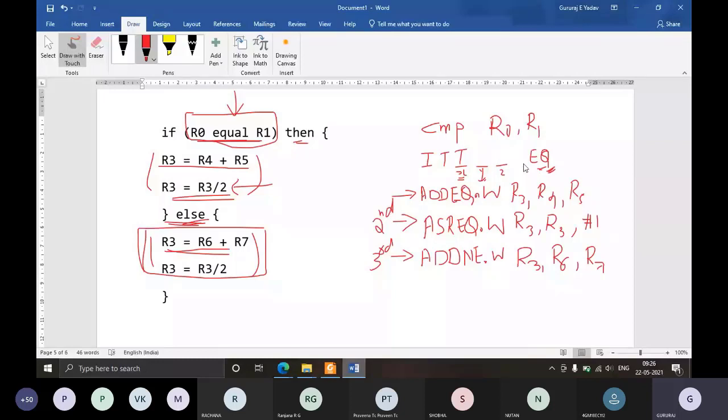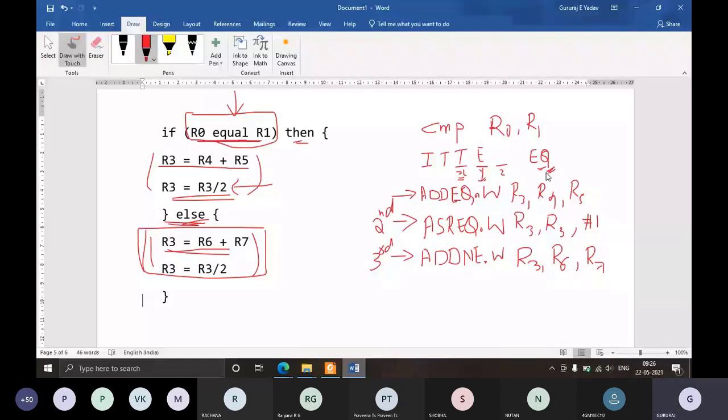So that is why the Y component here will become E. That is the else part, whenever the condition R0 equal to R1 is not true.